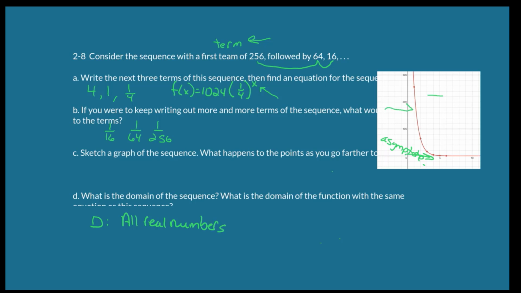This might look like an asymptote, but it is not. If you go up, you will see it crosses the x-axis at 1,000, at 0, 1,024. But the range is y is greater than 0. It never hits 0. And that answers all the questions for 2-8.